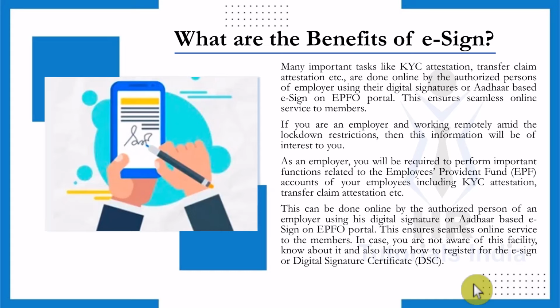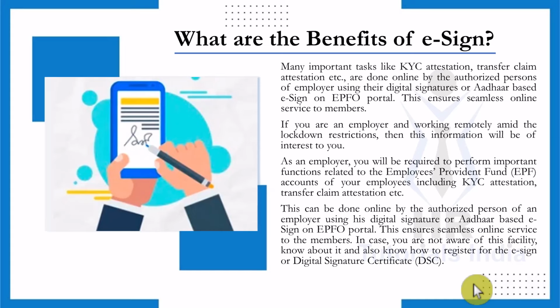These include KYC attestation, transfer claim attestation, and more. Usually, these tasks can be done online by the authorized person of an employer, either through digital signature, that is DSC, or an Aadhaar-based eSign on the EPF portal. This is especially helpful during times when working remotely is necessary. The good news is these options ensure seamless and uninterrupted online services to EPFO members, making it easier for the employers to fulfill their responsibilities.